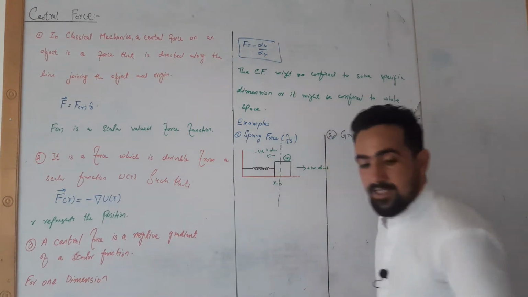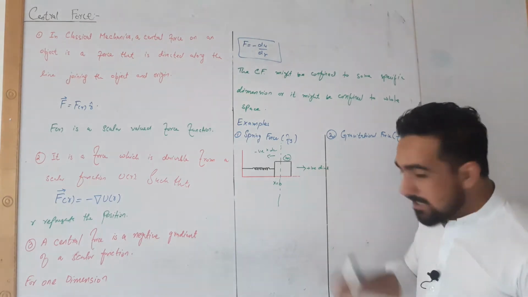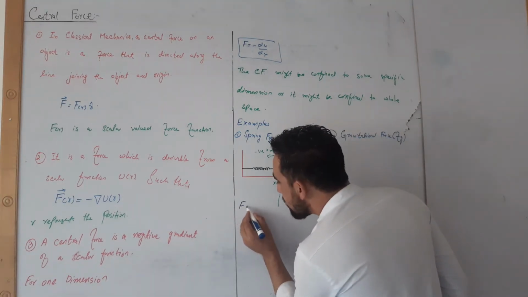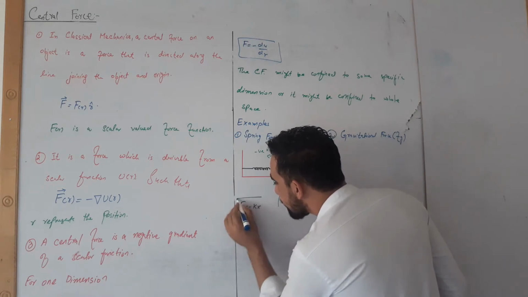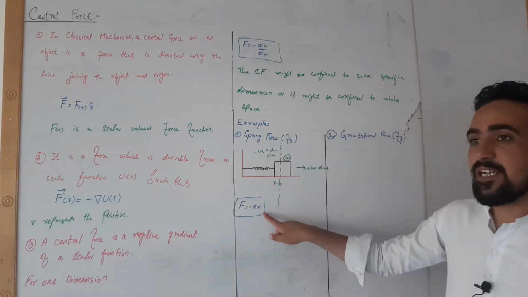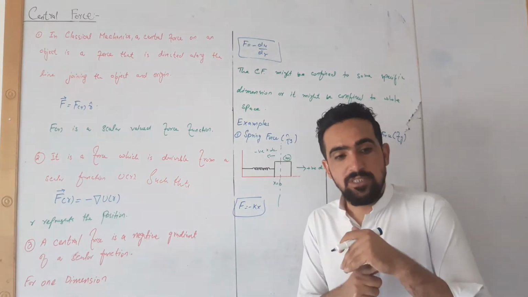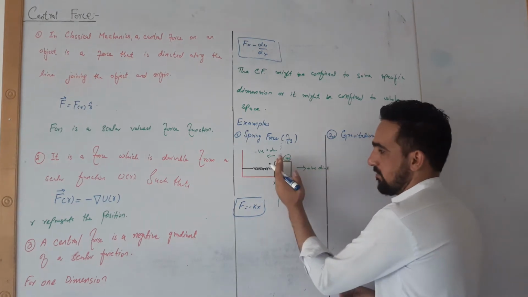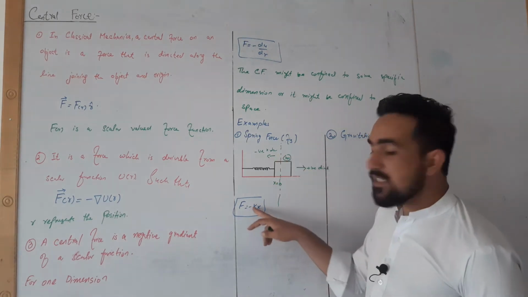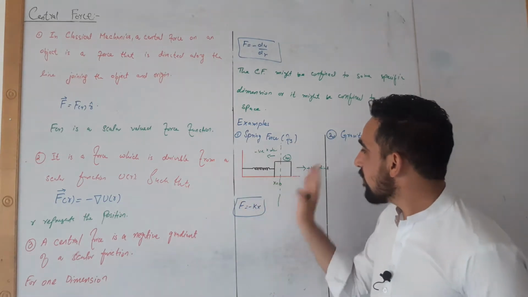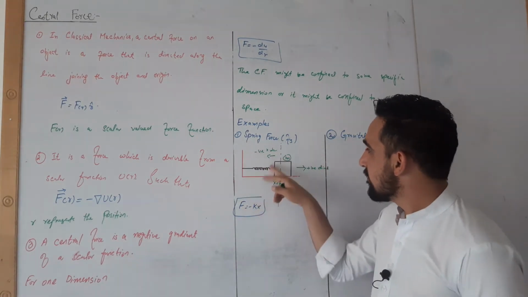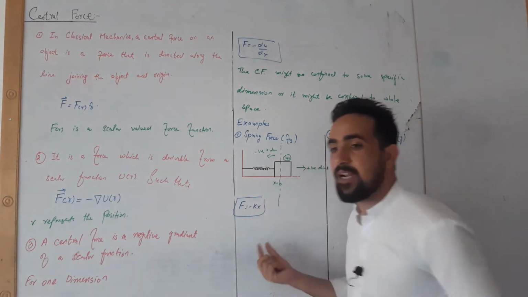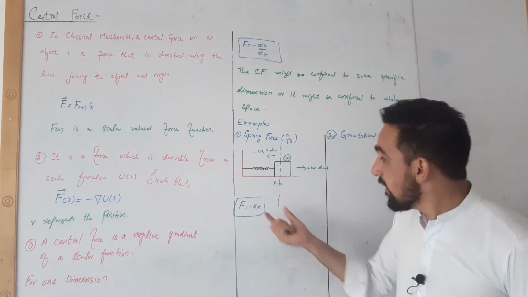So I can describe this system by saying the force vector F is equal to minus kx. Here the negative sign represents that the force is always opposite to the displacement. If you are going towards the right side of the mean position, then F is equal to minus kx, and if you are going towards the left side of the mean position, then F is equal to minus times minus kx, which gives us plus kx.